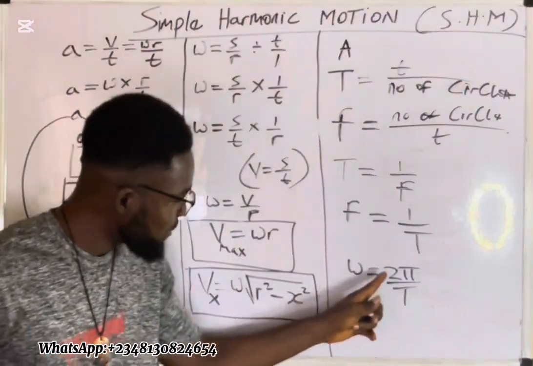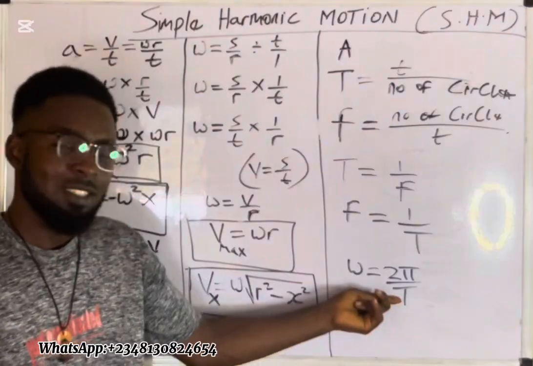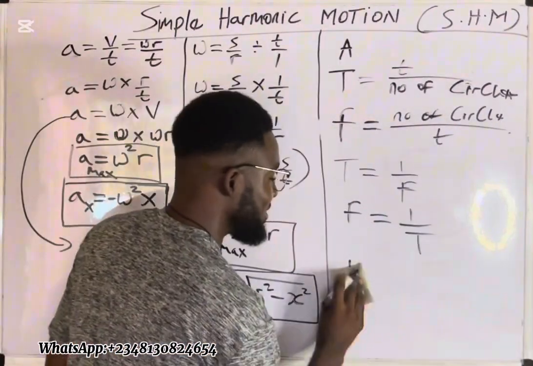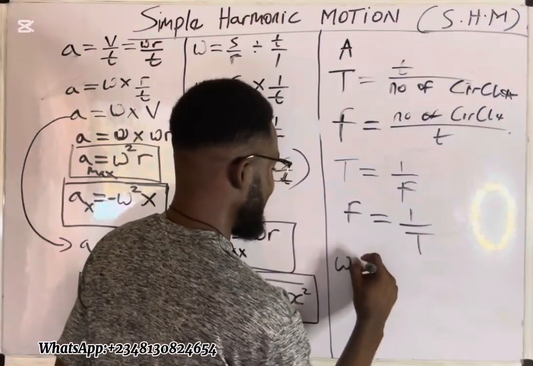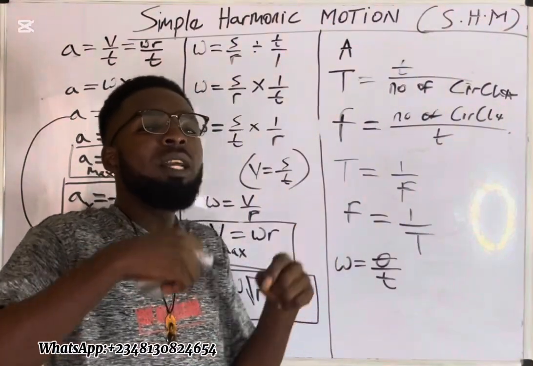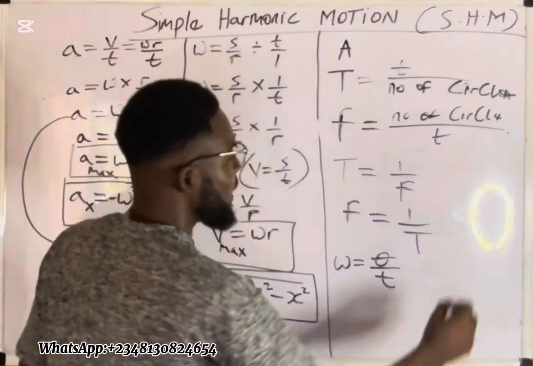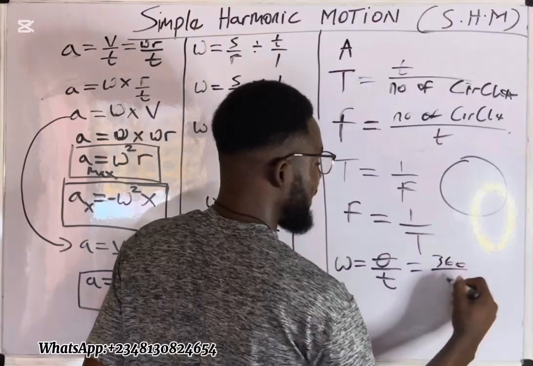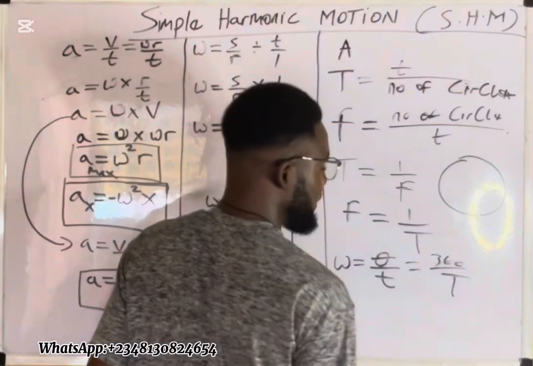Angular speed is equal to 2 pi over what? Period. From here, we know that angular speed is equal to theta over what? Time. For a complete circle, that is 360 over time. The time becomes what? Period.